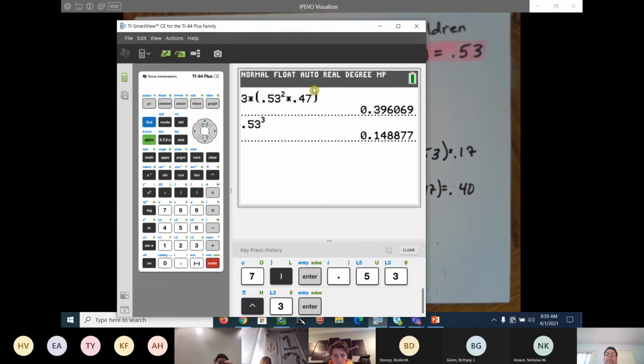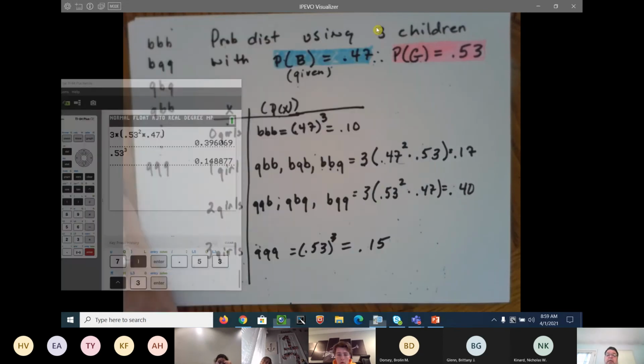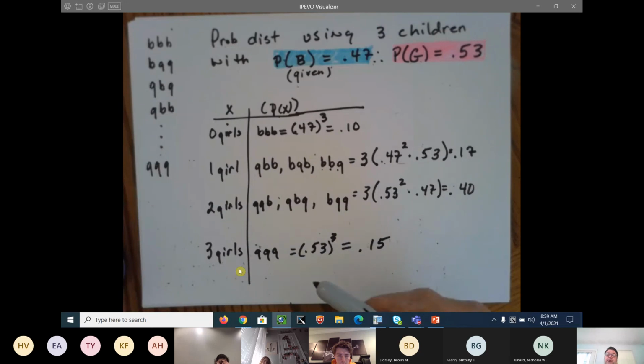Okay? And that's how you make a probability distribution. Now, I'm just showing you this. I'm not going to ask you to do this on a test, but that's how you do a probability distribution.